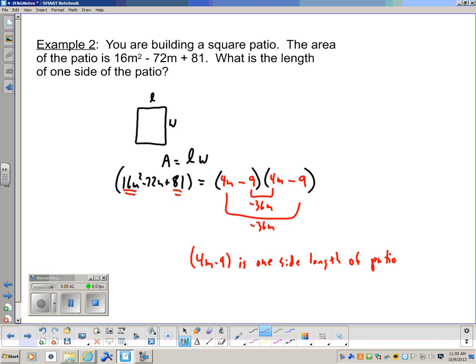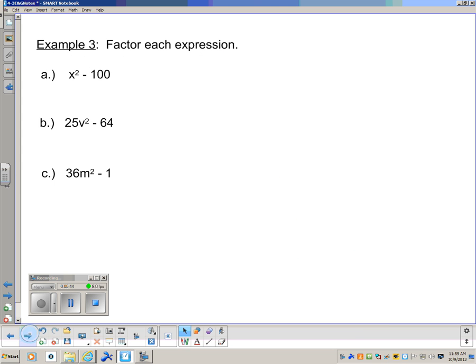So special cases. This doesn't always work. Now letter A up there is supposed to factor these. These are back to the difference of squares. So similar to what we've been doing, except you don't have a middle term this time. Looking at this one here, square root of x squared is x.